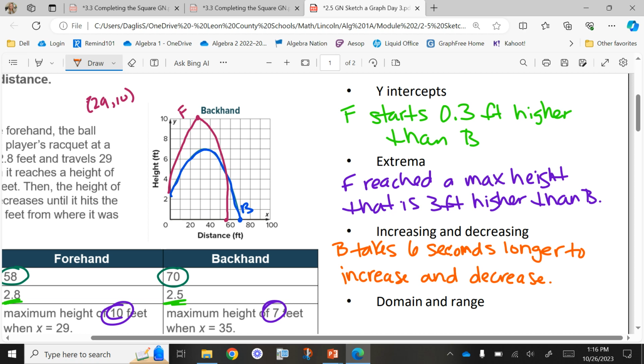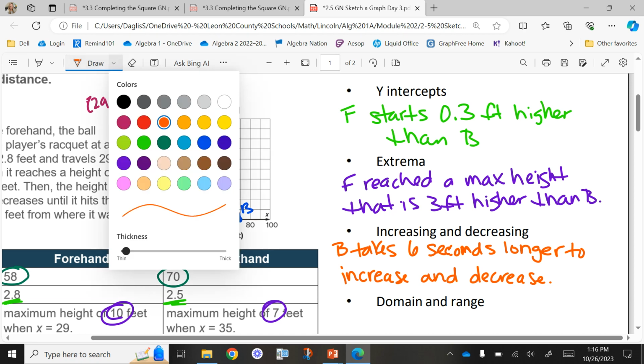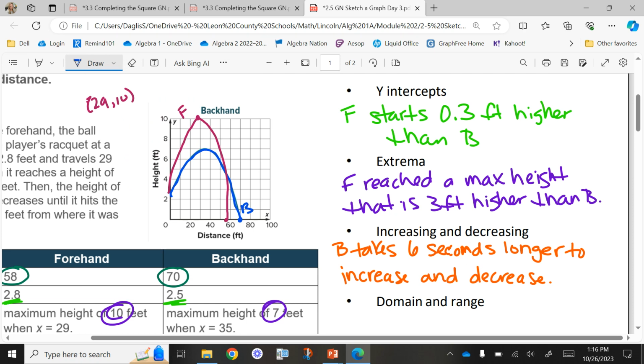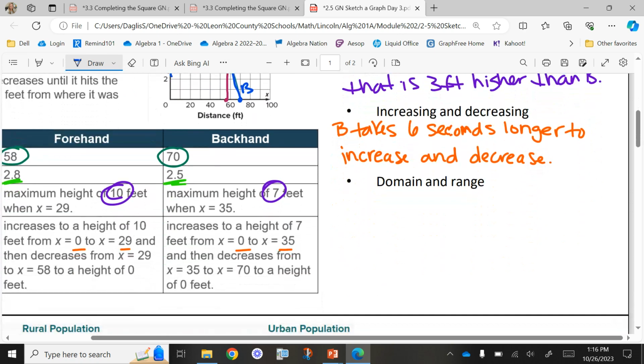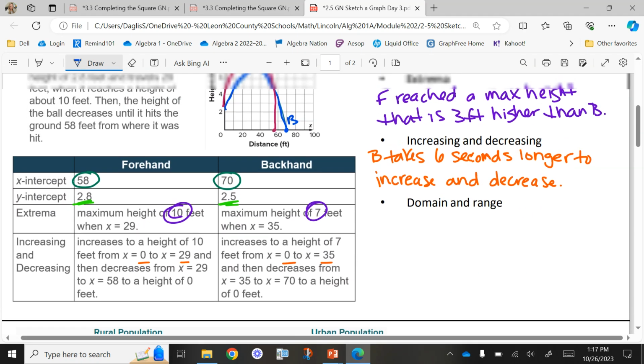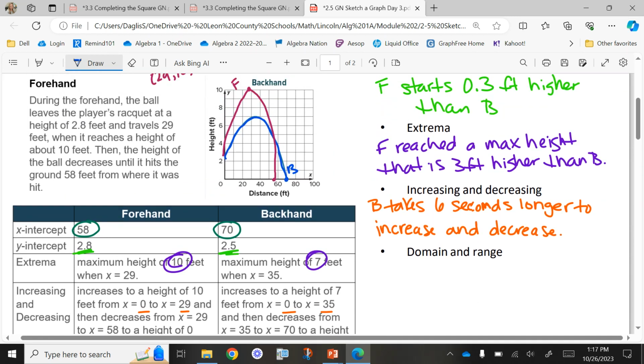All right, let's finish off with some blue. Last one is domain and range. Okay, so that's not in my table, but it kind of is. Remember, my domain are my X values, and my range are my Y values.